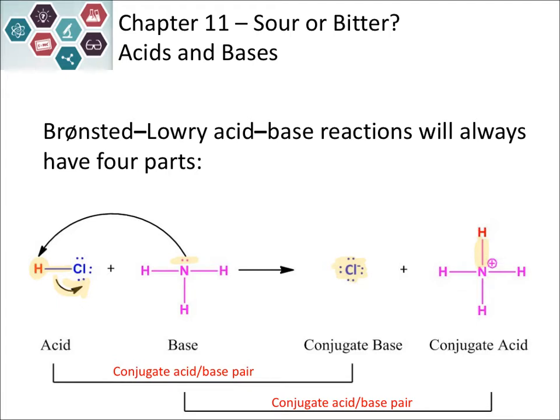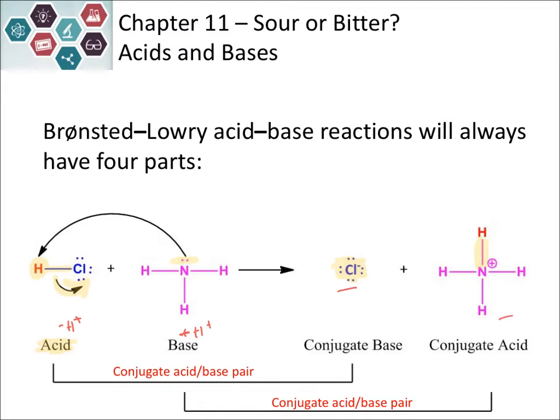The HCl is the acid. It's donating H+, so minus H+. NH3 is the base. It is adding H+. If I take away H+ from HCl, we're left with Cl-. If I add H+ to NH3, we have NH4+.